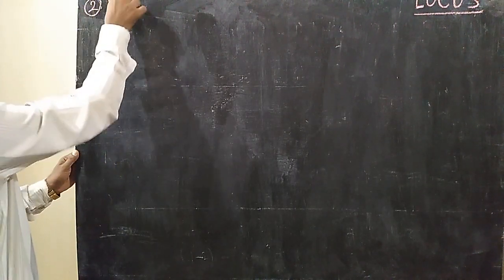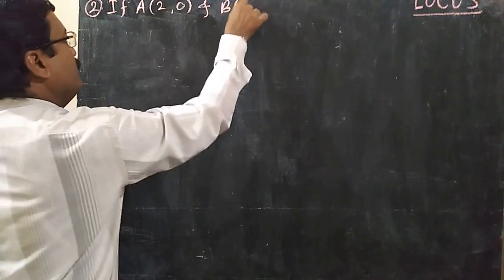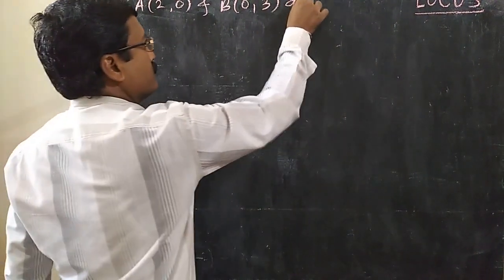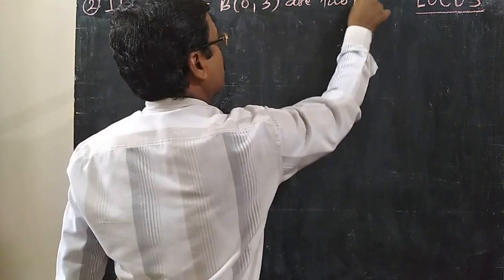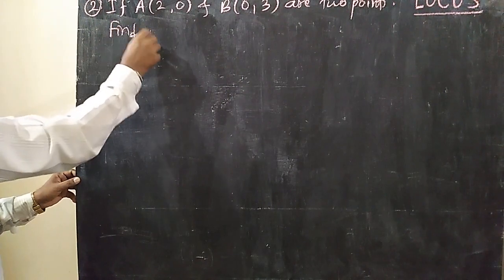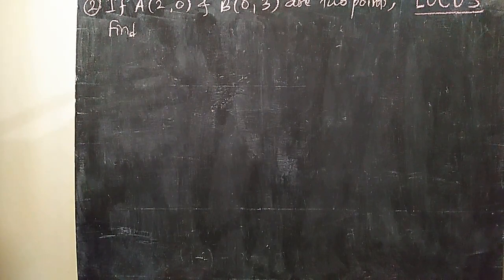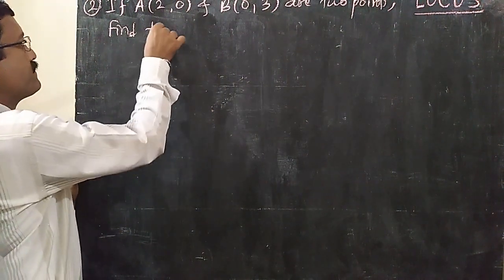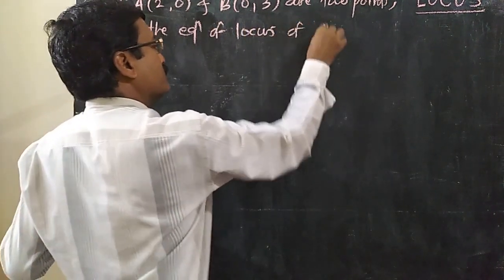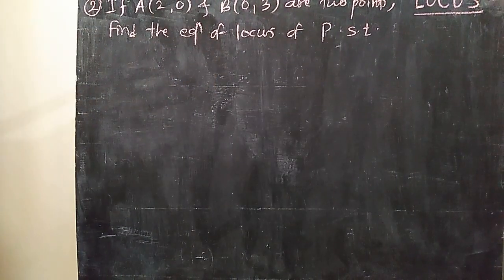Example number 2. If A(2, 0) and B(0, 3) are 2 points, find the equation of locus of P such that AP is equal to twice BP.